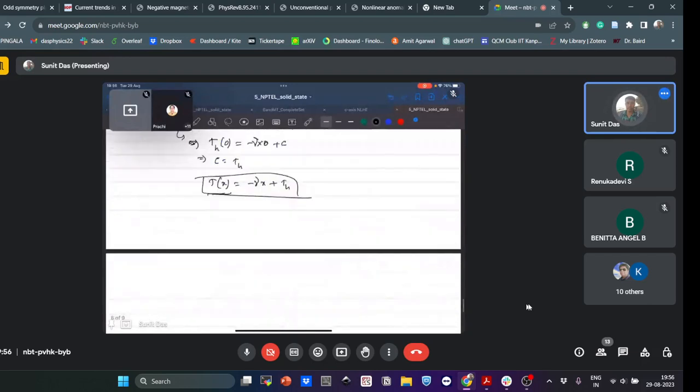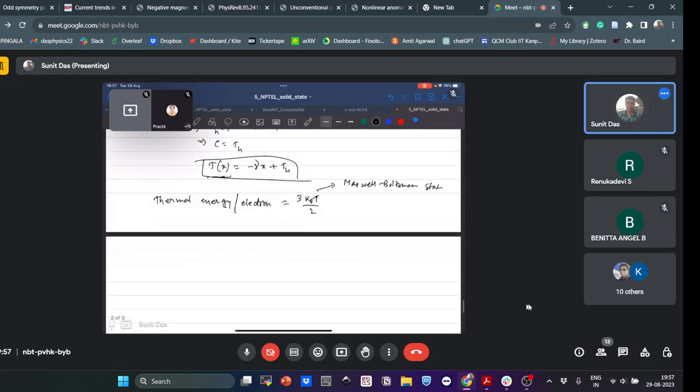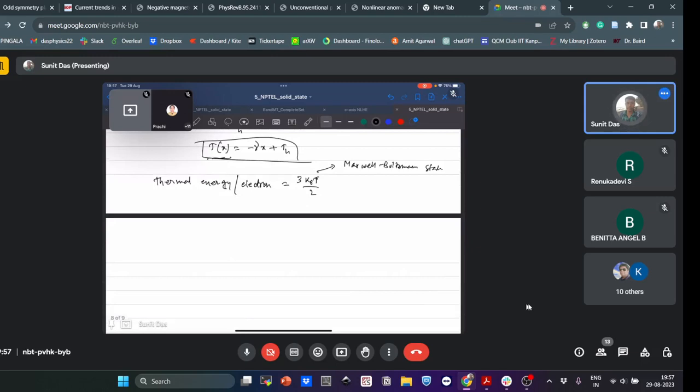The thermal energy per electron is given by, this is again classical theory, following Maxwell-Boltzmann statistics. So this is the thermal energy per electron.